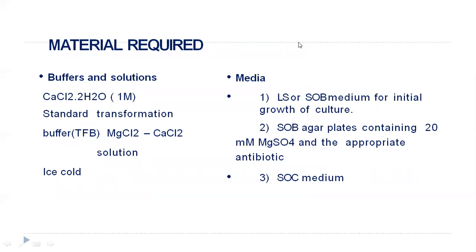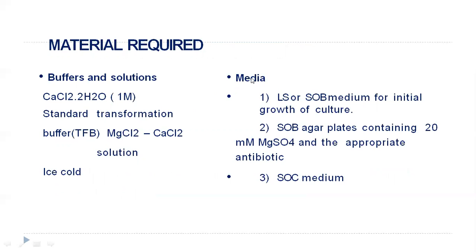Now we are discussing transformation using calcium chloride. What materials are required? The buffers and solutions are calcium chloride, 1 molar, and standard transformation buffer, TFB, which is a magnesium chloride or calcium chloride solution, and cold ice. What media is required?